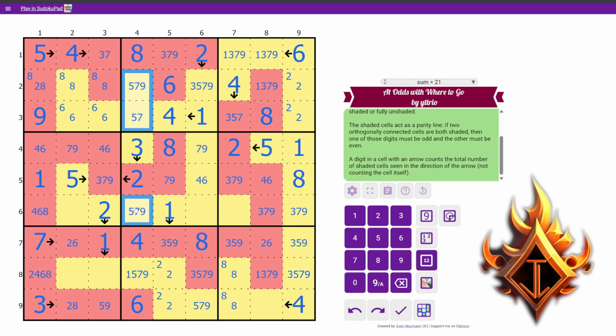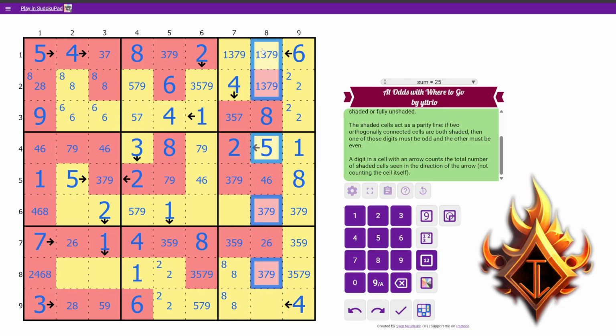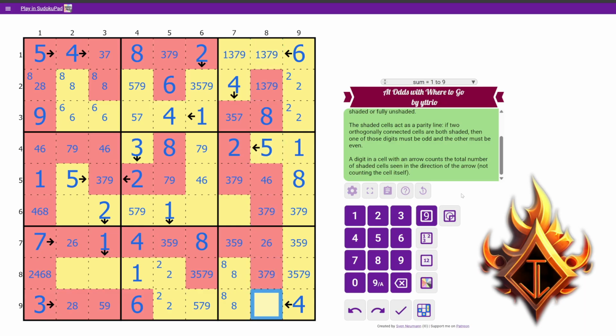This is a 5, 7, 9. Looking down here. 1 is looking pretty scarce now. It's in one of these. Do I have... But look, I have all 5 odd here. So that is 2, or that's 2 only.